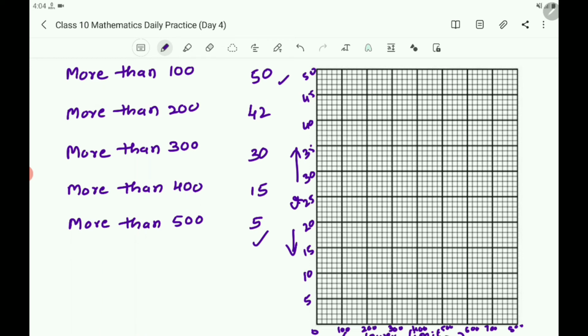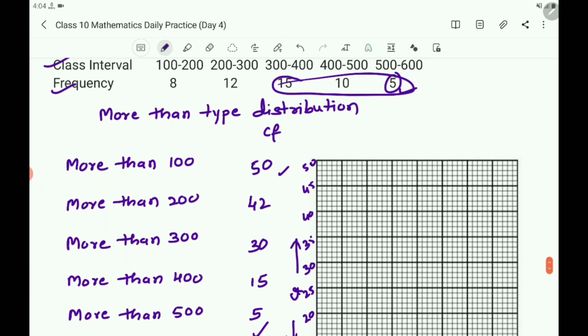So you write the scale that you have taken. Scale on x-axis: I have taken 1 centimeter equals 100 units.